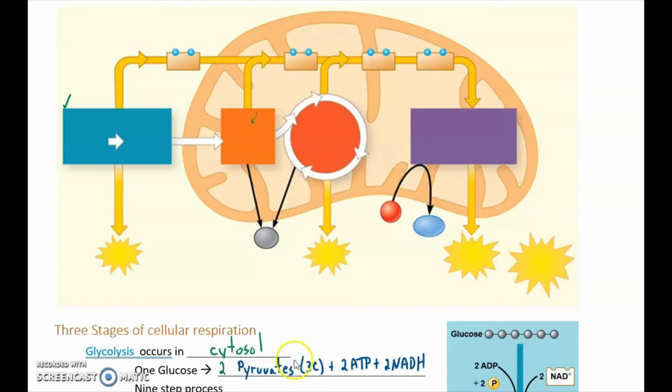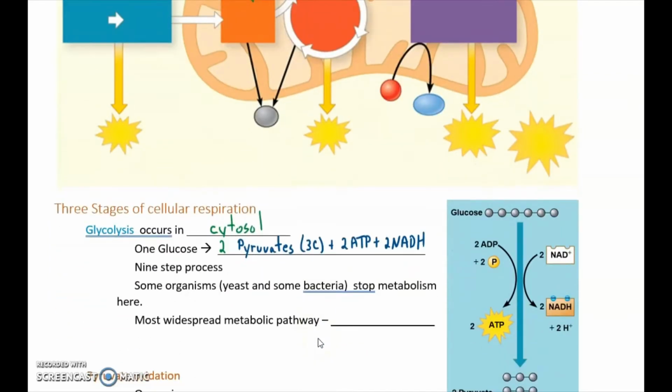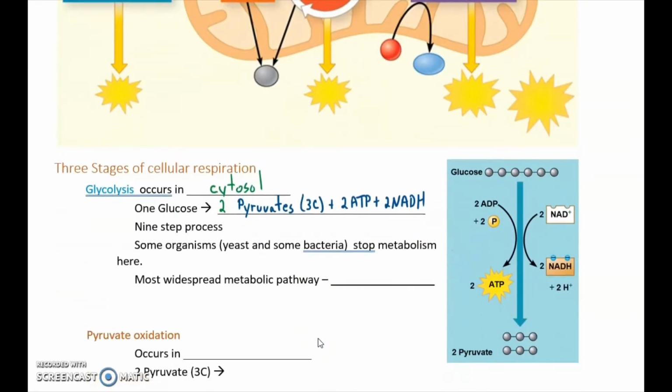This is a 9-step process, so it's been abbreviated over here. We start with a 6-carbon glucose. We make 2 ATP and 2 NADHs, and we end up with 2 pyruvate molecules, each having 3 carbons. So we haven't lost any carbons yet.